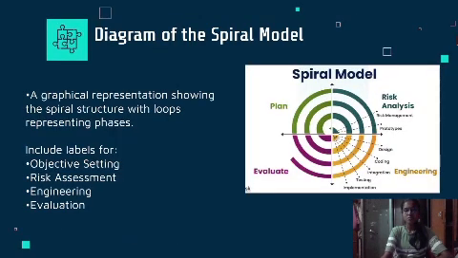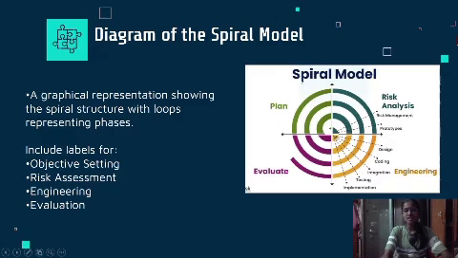Here is the diagram of the spiral model to know in detail. There is a graph which is divided into four quadrants, wherein the first quadrant says planning, and the second quadrant says risk analysis, wherein risk management and prototypes are made.